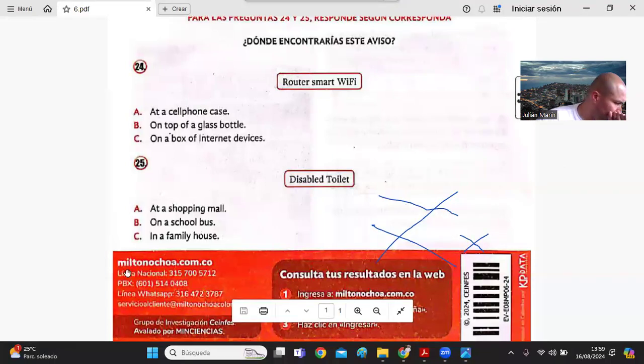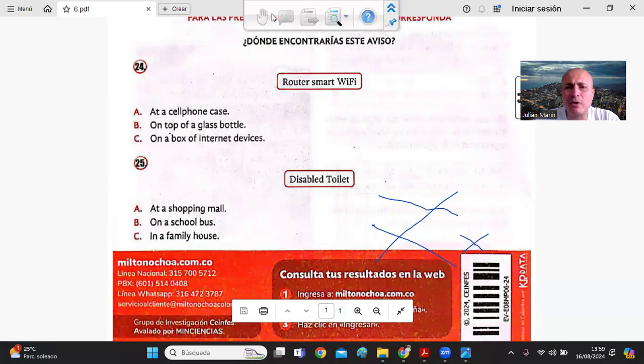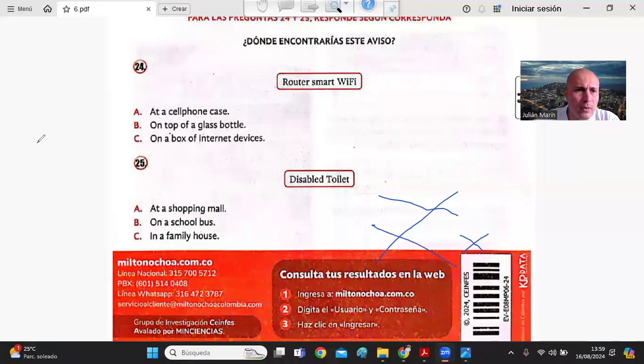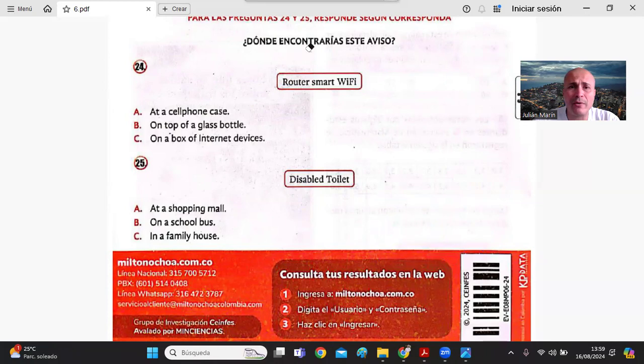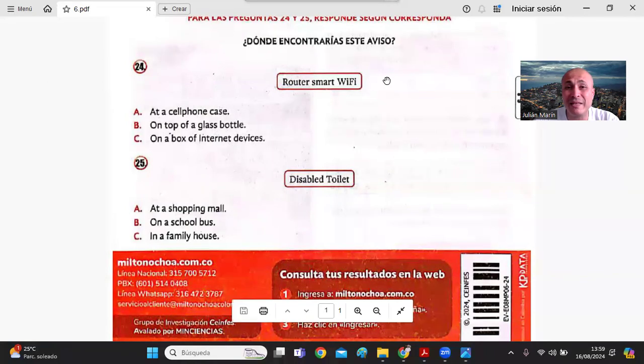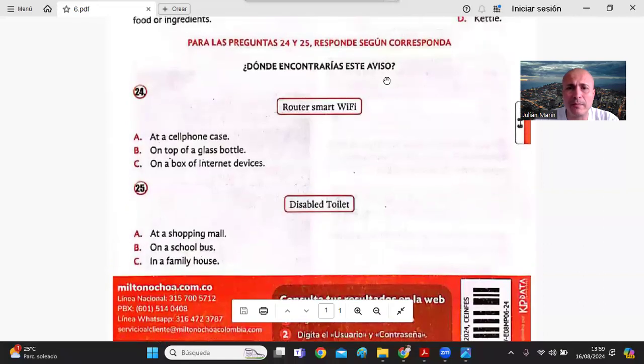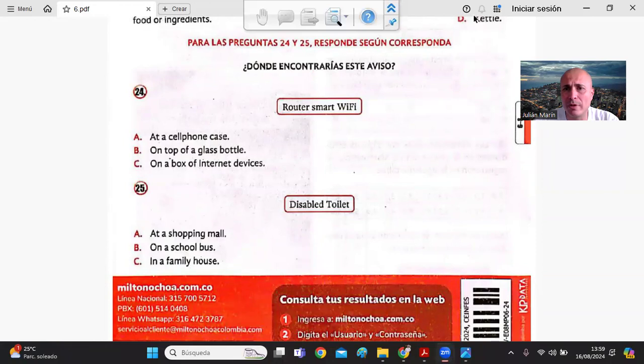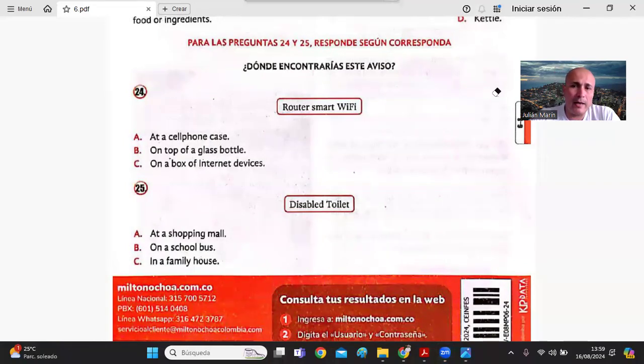Now, the nature of this exercise is a little bit different because even though we will continue working on vocabulary, the instructions are a little bit different, okay? Let's see. Over here, what we have is 2 labels, or 2 signs, that we could find in any place. That is essentially the question.